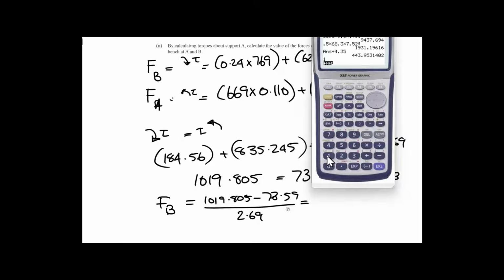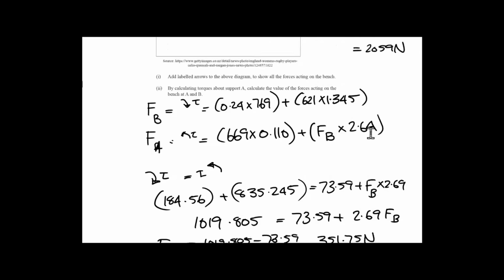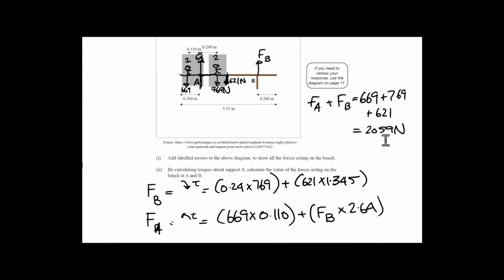So 1019.805 minus 73.59 is that. Divide that by 2.69. So 351.75 newtons.